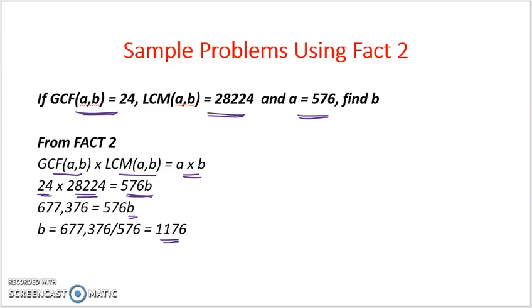So the two numbers in this problem that I was working with were 576 and 1176. And I'll leave it for you to check that the GCF of those numbers is 24 and the LCM of those numbers is 28,224.